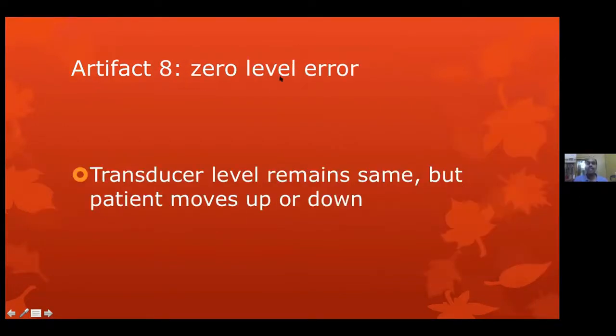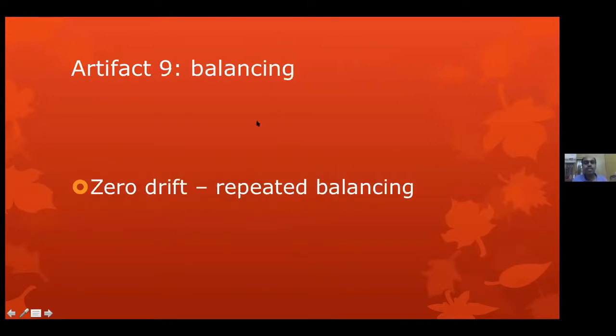Zero level error. You have set the zero level, but for some reason the patient moves up or down. The patient transiently gets into some breathing difficulty, so you put two or three pillows underneath the shoulder in order to reduce the pulmonary venous congestion. So the patient moves, a subtle movement, causing zero level errors. Balancing error is what is called zero drift.